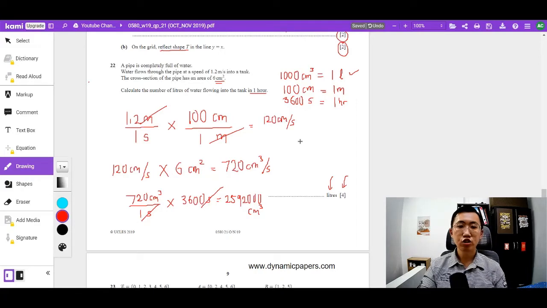So now teacher is going to copy this number, divided by 1,000. Let's do that. What is this? So the shortcut is you cut 3 zeros, you cut 3 zeros. So the final answer is 2592 liters. Okay, so that's the answer for question 22.